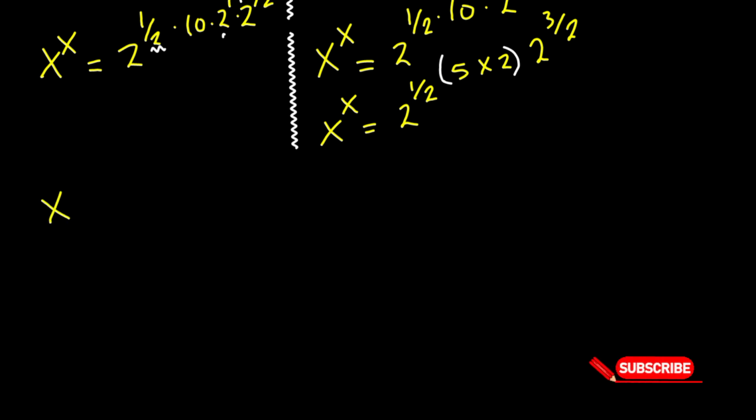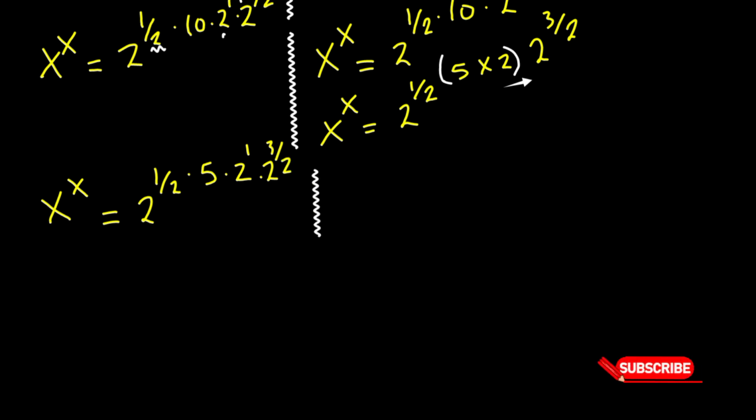Now moving further, we have x to the power of x, and that equals, so here now let us also share the power. Let 2 get added to 2 to the power of 3 over 2. Then we have 2 to the power of 1 over 2 times 5. Then we have times 2 to the power of 1 times 2 to the power of 3 over 2.